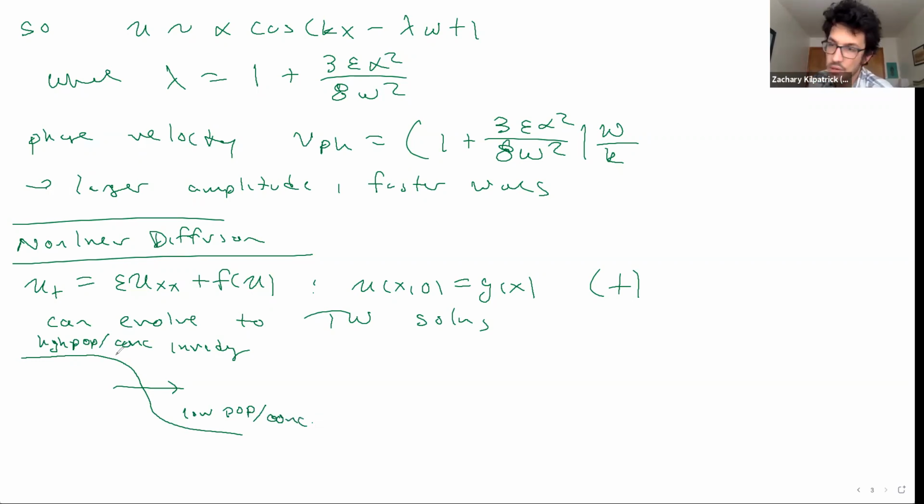You can also get this with models of spatial pandemic. If you have some population spreading a disease according to local interactions, and individuals only move according to diffusion, they don't get in cars and airplanes and drive away, but they move by very local means.